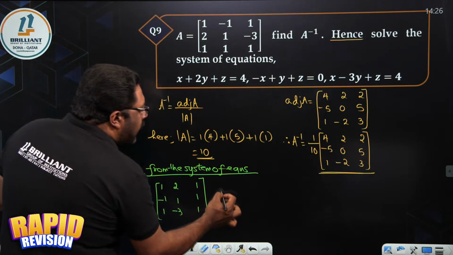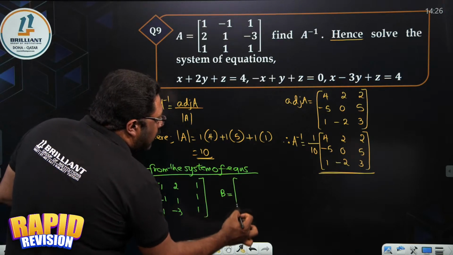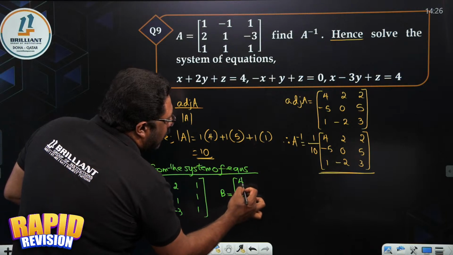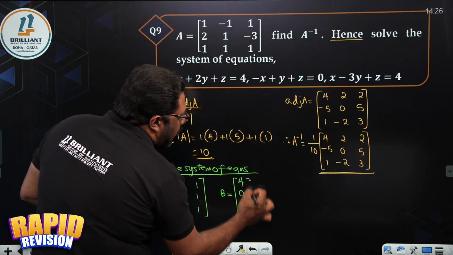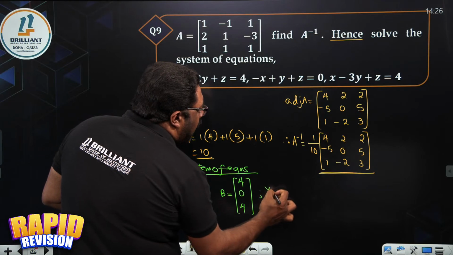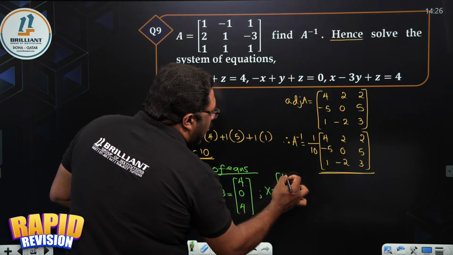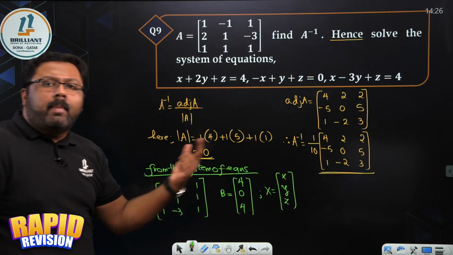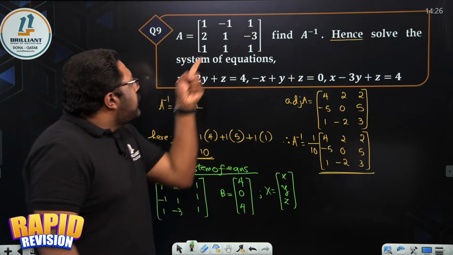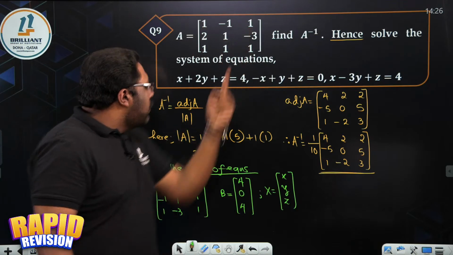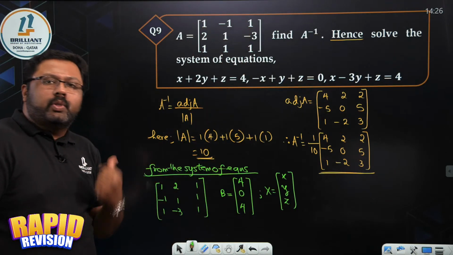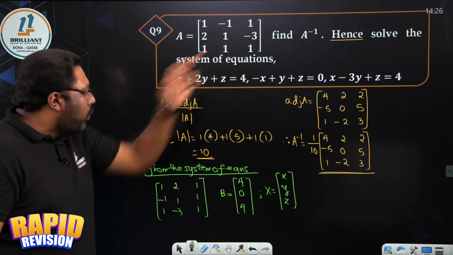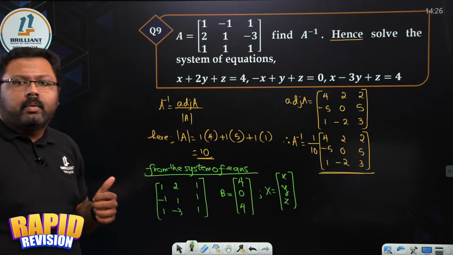And I will get a right hand side values matrix 4, 0 and 4. And I will get a matrix with unknown variables x, y, z. Normal question would have the same matrix here also, 1 minus 1, 1, 2, 1 minus 3, 1, 1, 1.